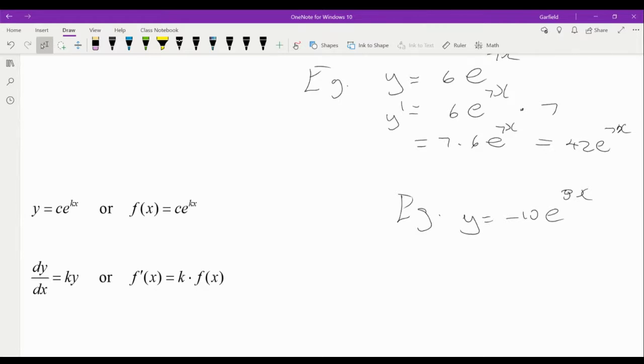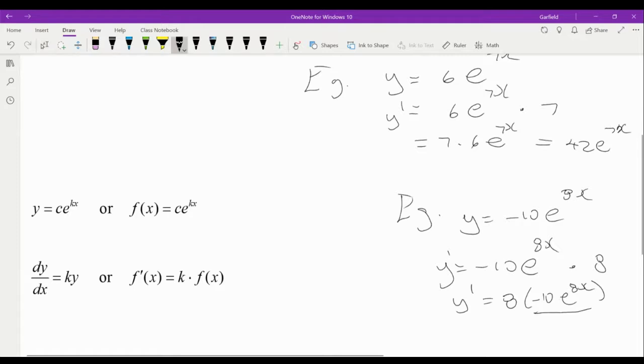Negative 80. So once again, it's negative 10 e to the 8x times 8, the derivative of the exponent. So y prime is equal to 8 times negative 10 e to the 8x, which is how we get our answer.